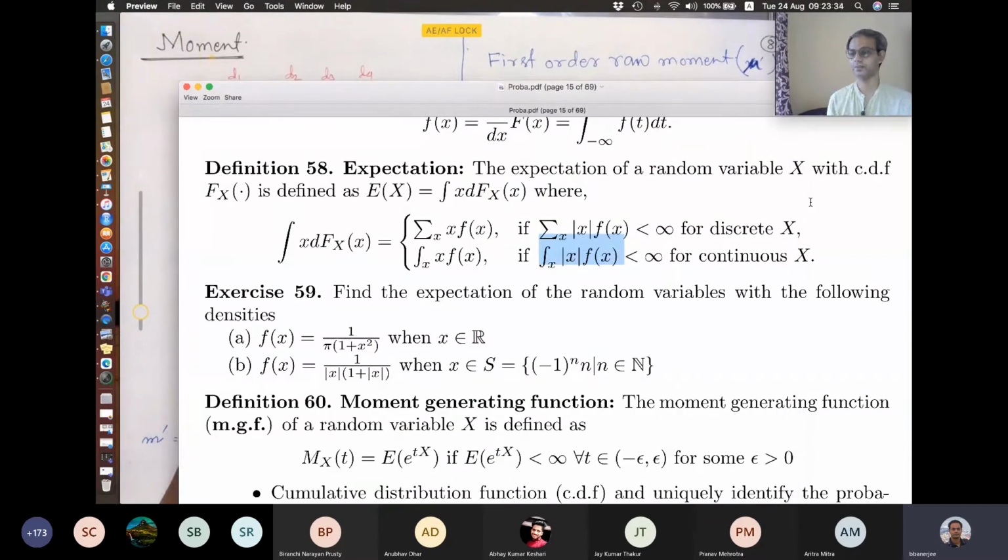That is all right. But why are we focusing on this criterion? Any answer? If this condition doesn't hold, then what can happen to this summation?